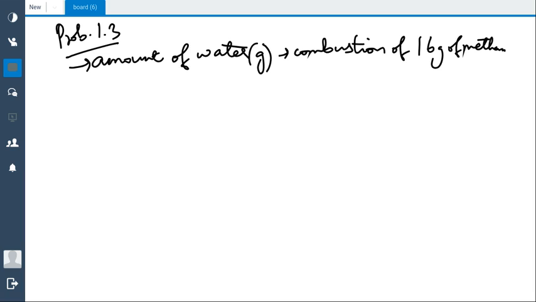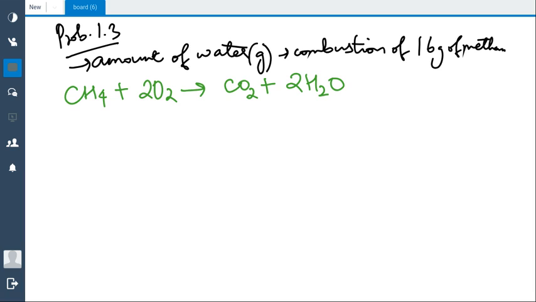So it's very easy. First of all, you have to know the equation. We studied it just now. Okay, so this is our equation. Now, we have to write it in terms of moles. 1 mole of CH4 reacts with 2 moles of oxygen to give 1 mole of carbon dioxide and 2 moles of water.